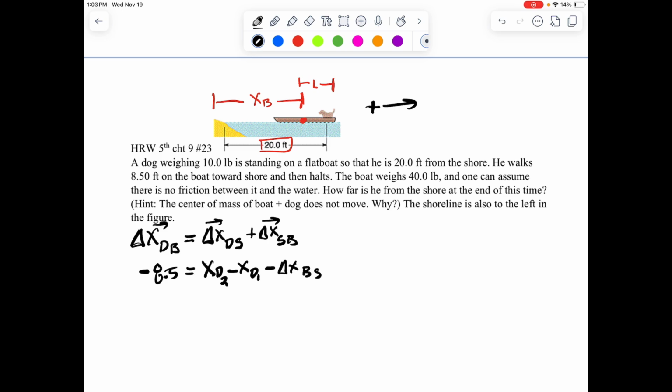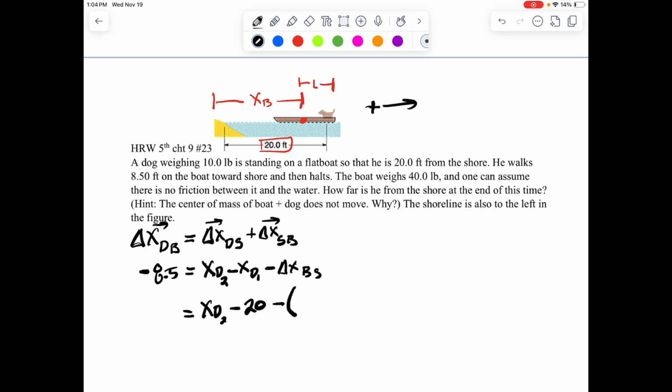And let's finish filling this out. So the position of the dog to the shore, 2, that's what we're looking for, minus position 1, that's 20, minus the change in position of the boat to the shore.